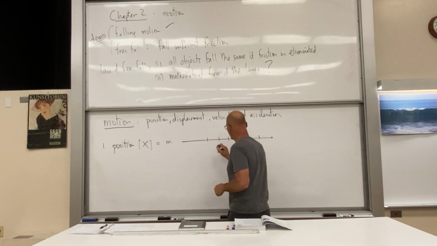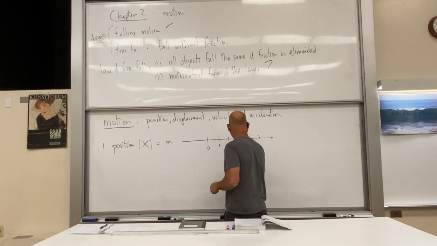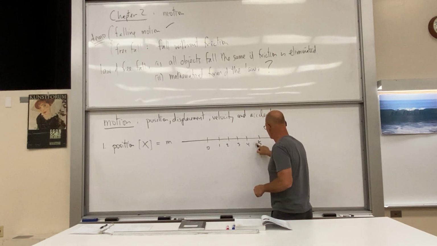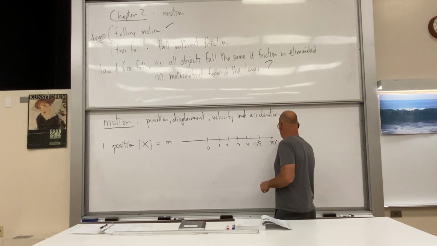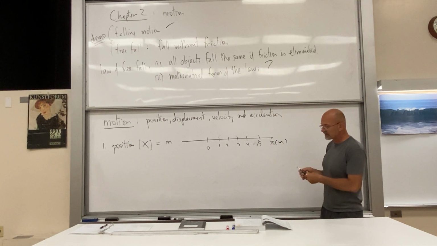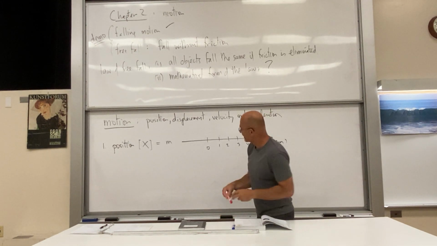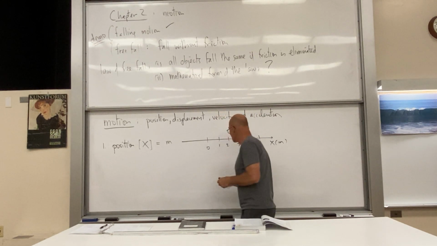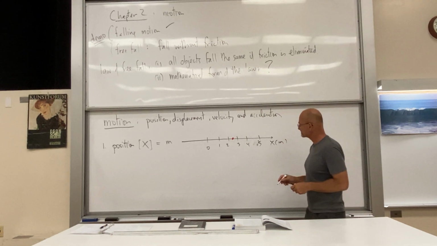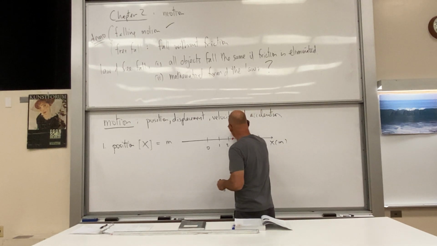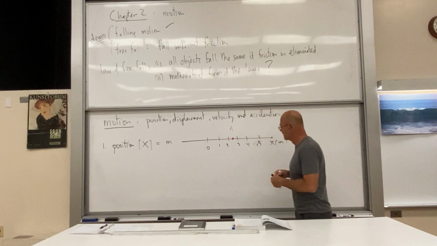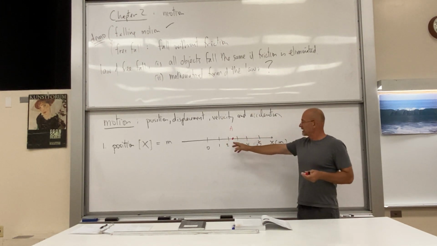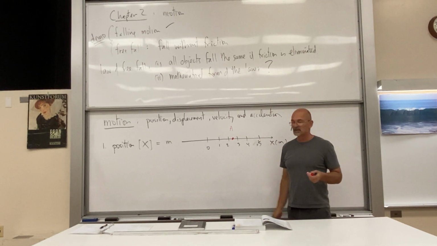So I'll get a scale here, 0, 1, 2, 3, 4, 5. And if this is X in meters, the position is just some location here. For example, where I put that red dot. That could be A. And then X, or X of A, would be, you guys look at it, 2.5 meters.